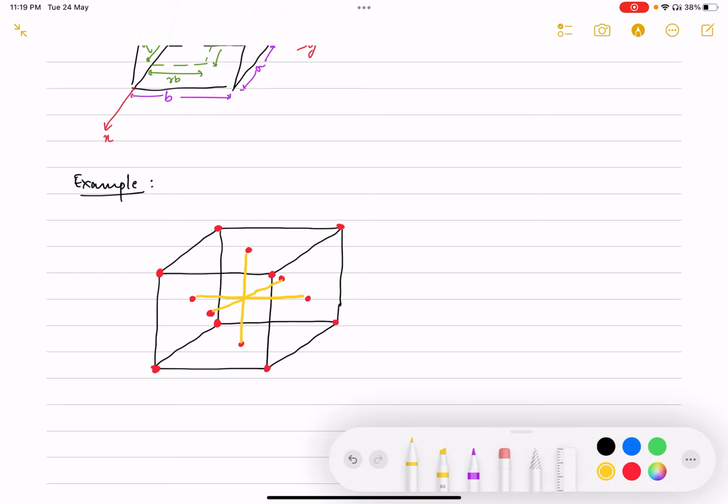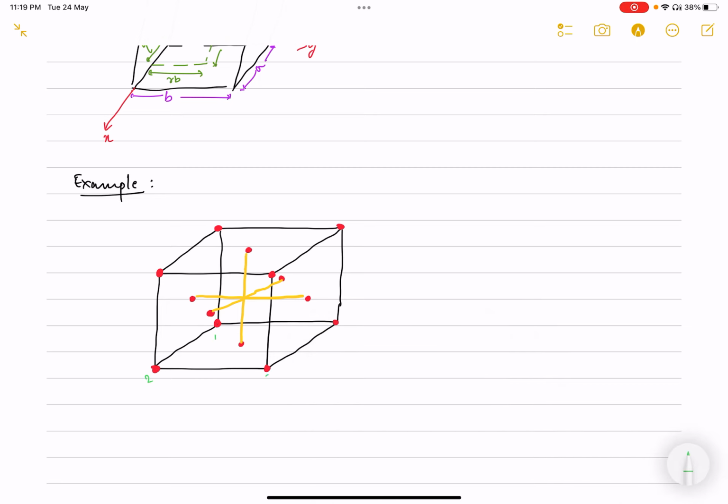Let us mark these points number by number: 1, 2, 3, 4, 5, 6, 7, 8, 9, 10, 11, 12, 13, and 14.